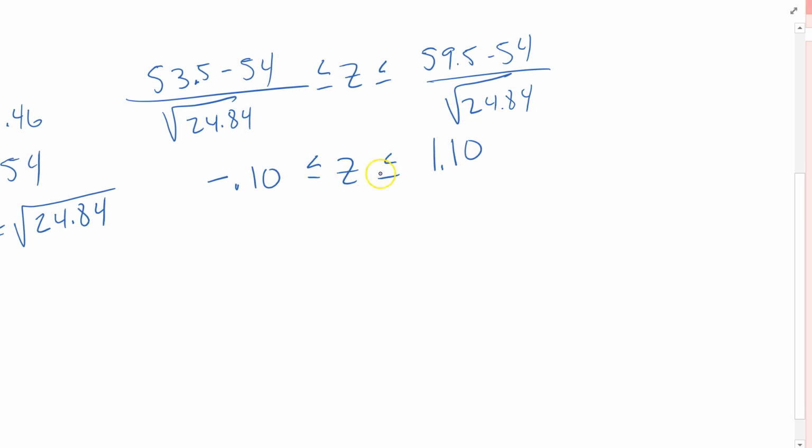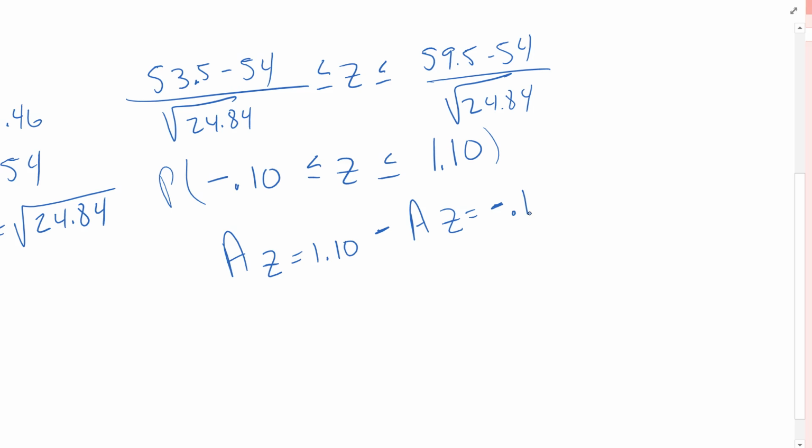In this case, I'm also going to take the area at z equals 1.10 minus the area at z equals negative 0.1.